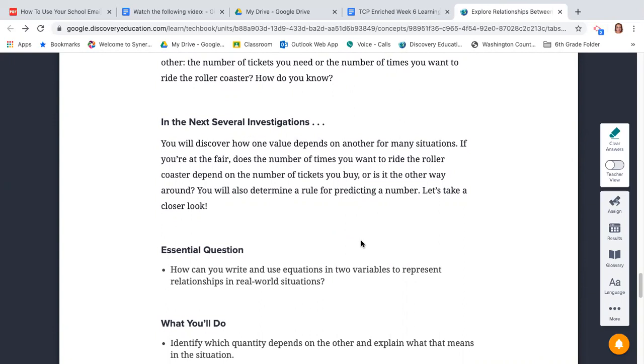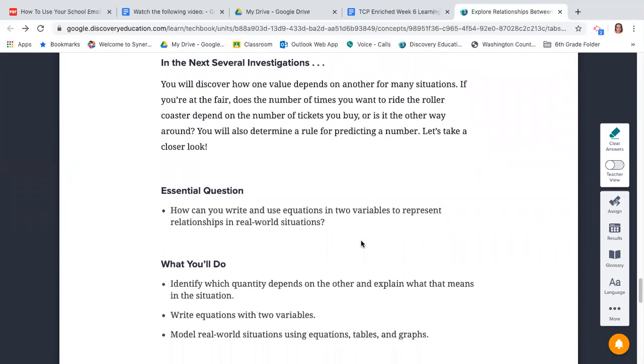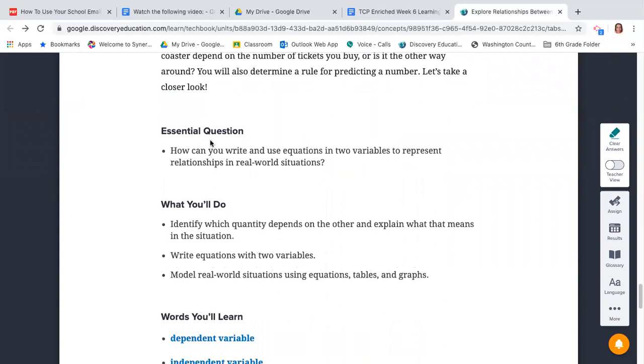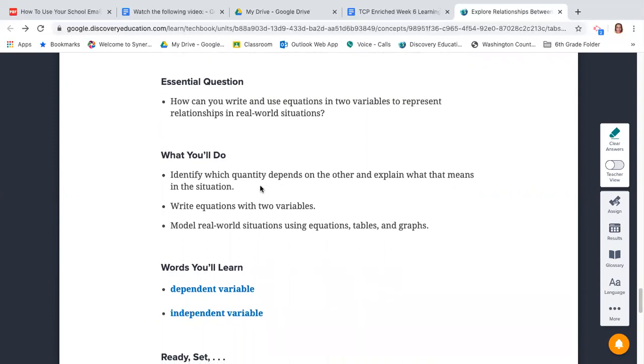You will also determine a rule for predicting a number. So let's take a closer look. Your essential question says, how can you write and use equations in two variables to represent relationships in real world situations? You're going to identify which quantity depends on the other and explain what that means in the situation.